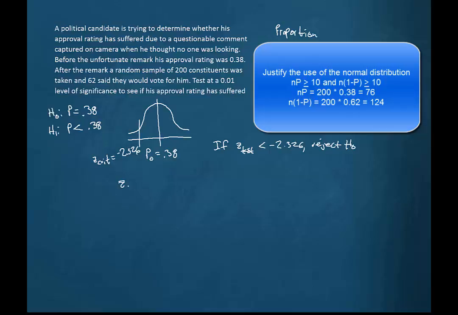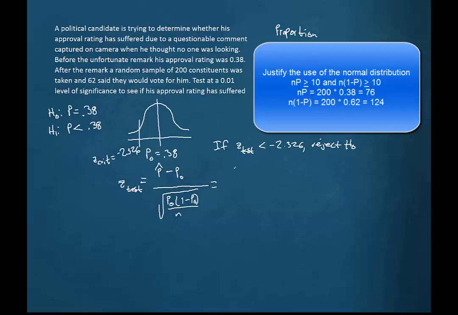We can calculate our z-test value using the formula p-hat minus our hypothesized proportion, divided by the square root of the hypothesized proportion times 1 minus the hypothesized proportion, divided by the number of observations.